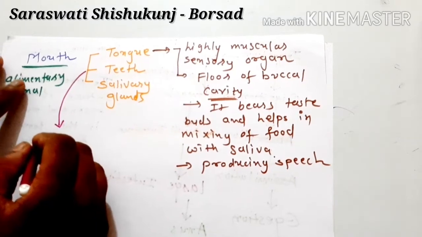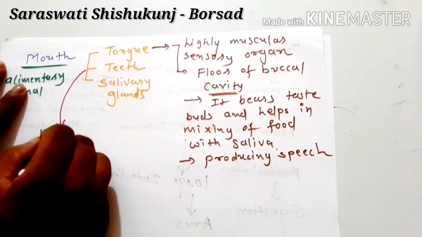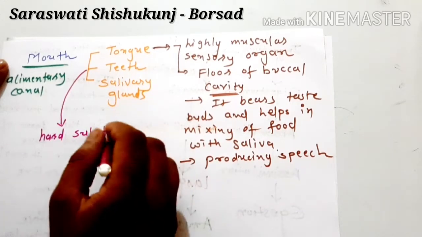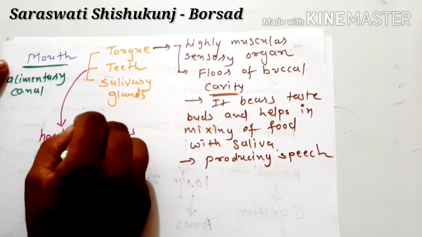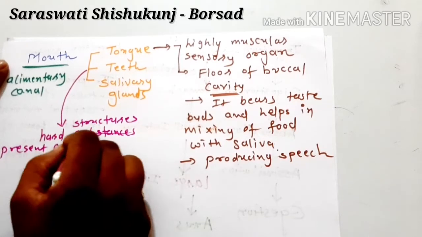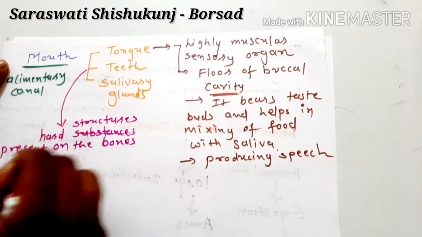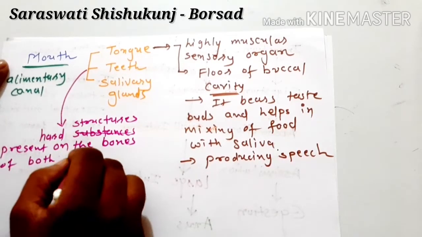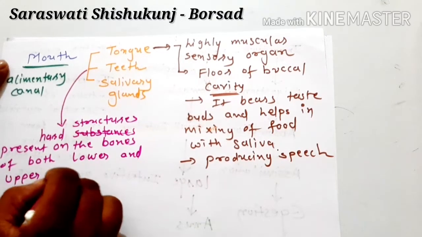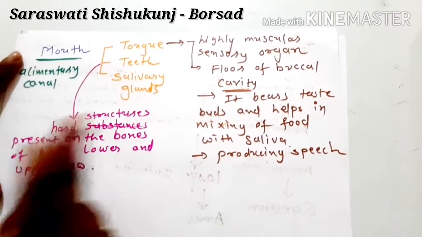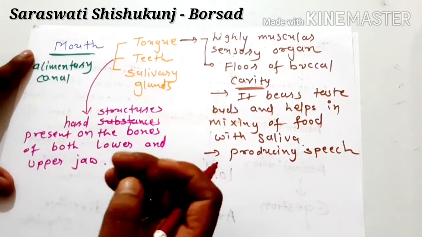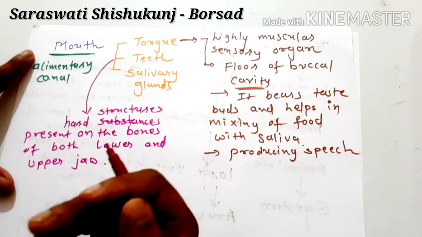Now, how are teeth important to us, or what is the function of teeth? We know that teeth are a hard substance. Teeth are hard structures present on the bones of both the lower and upper jaw.